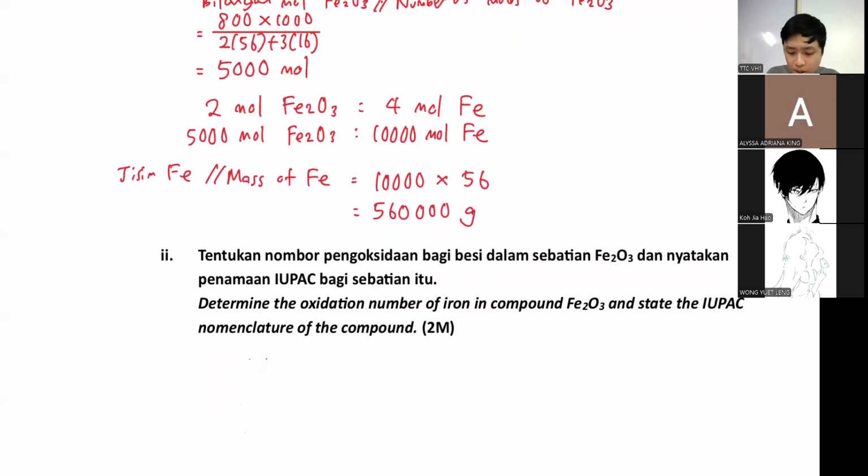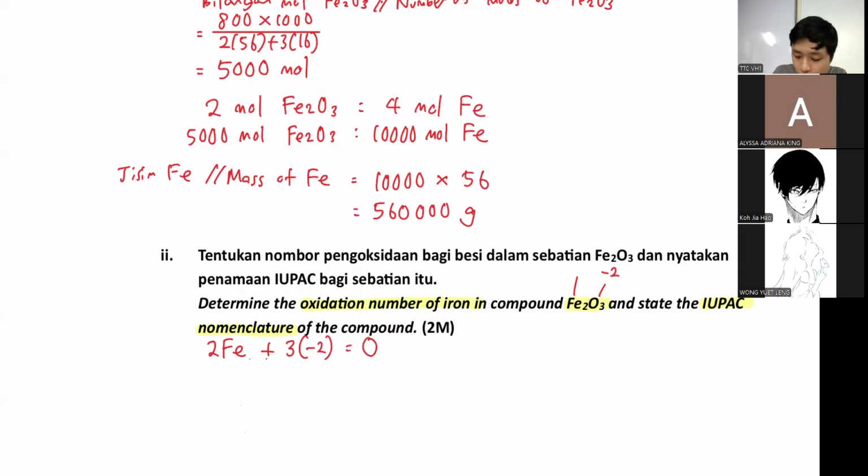Determine the oxidation number of iron in Fe2O3 and state the IUPAC nomenclature of the compound. It means the name, the proper name. Very simple this one. So 2 marks only. They ask for iron, how much? So iron got 2 Fe. Remember, O is -2. You got 3O here, so you use plus 3 times -2.